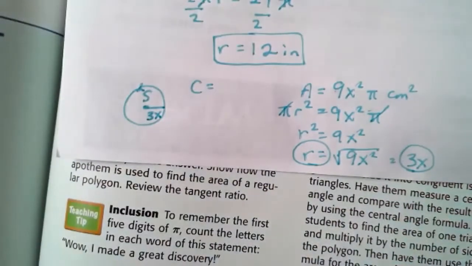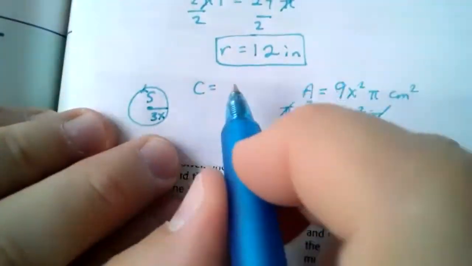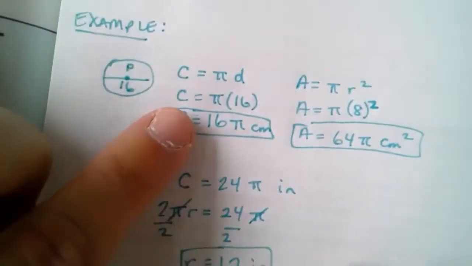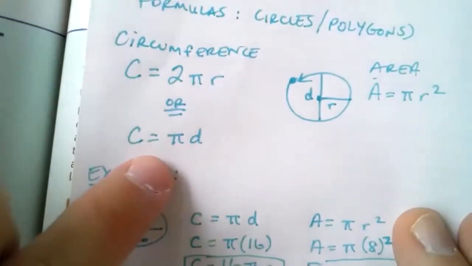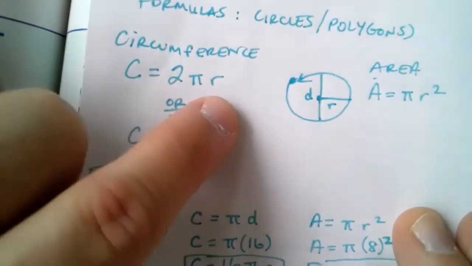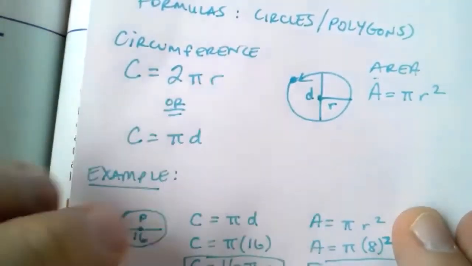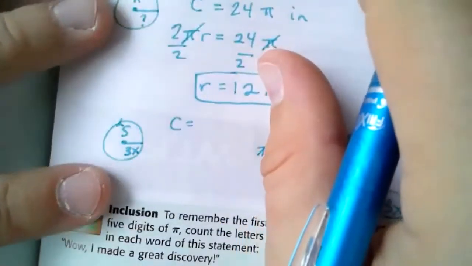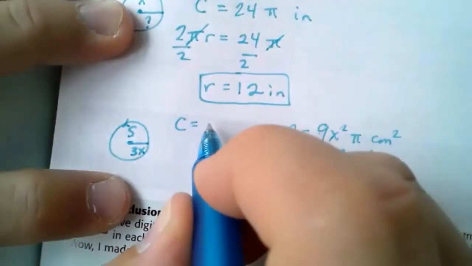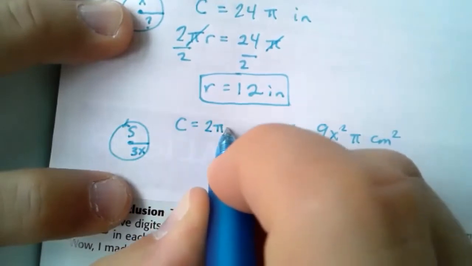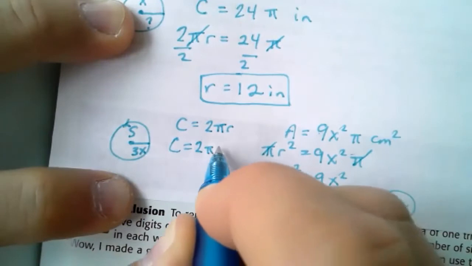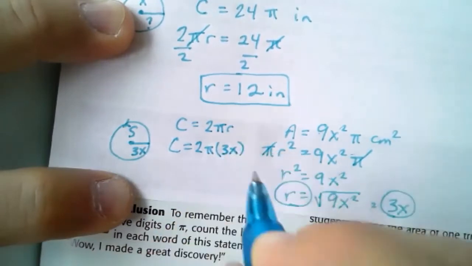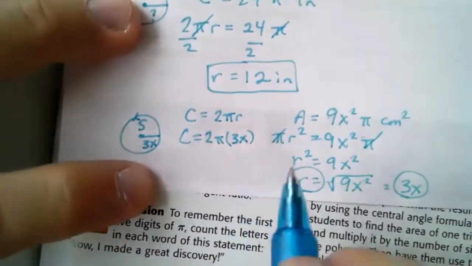So that means in order to find the circumference, you're going to have to use the formula for circumference that has, right here, the radius in it, not the diameter. So radius was 3x, and I'm just going to put a 3x right there, okay? So come up here and put C equals 2 pi r, all right? And so C equals 2 times pi, and then you put your 3x in the place of r.